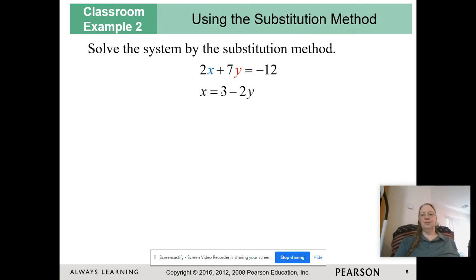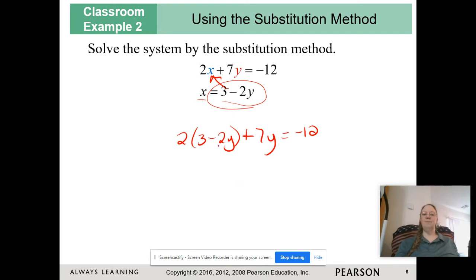In this particular example, we have x equals, so this time we're going to replace our x with 3 minus 2y. So 3 minus 2y plus, okay, and we're going to solve.